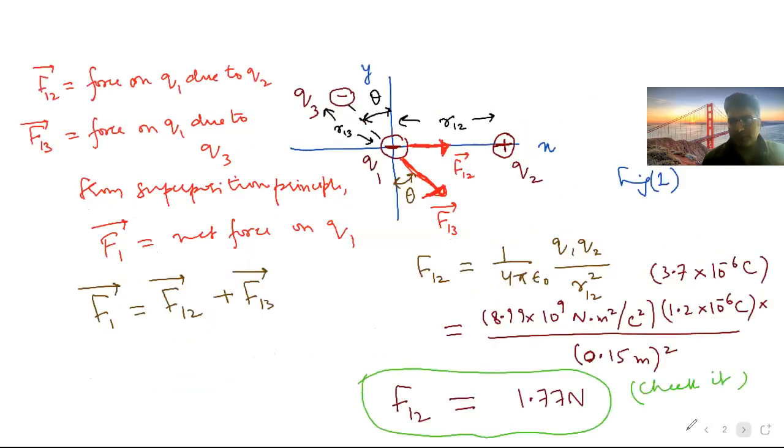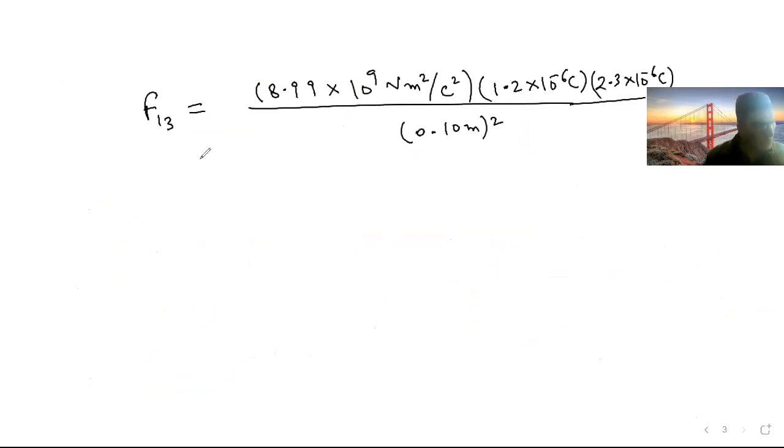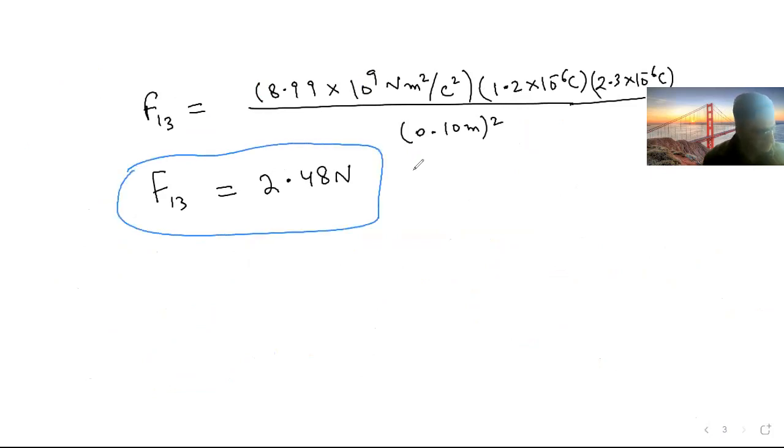When you put the numbers and do the calculations, it will turn out to be 2.48 newtons. So we have calculated the magnitude of F13, 2.48 Newton. I again say you need to check it at home. Multiply these numbers, divide by the distance square, and check the number.